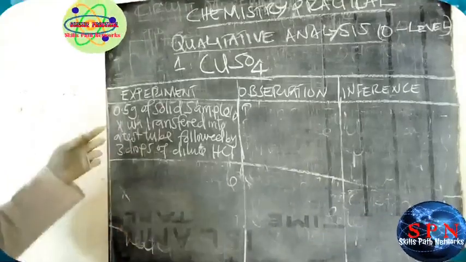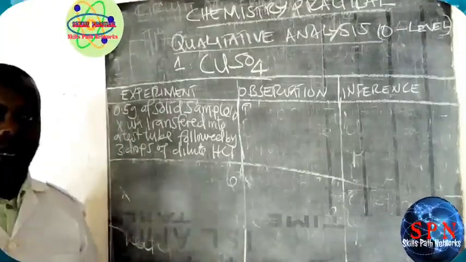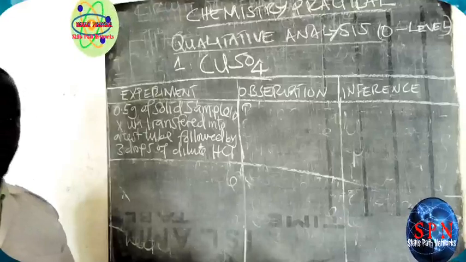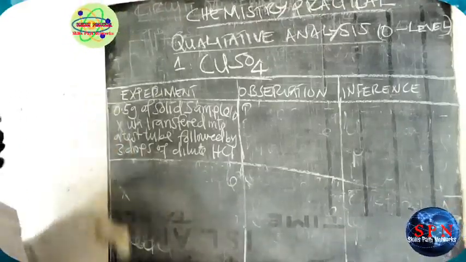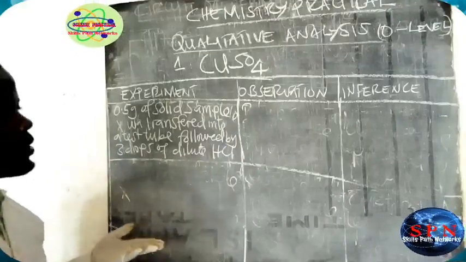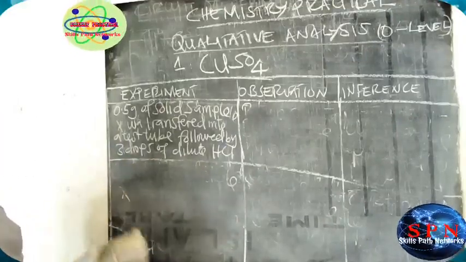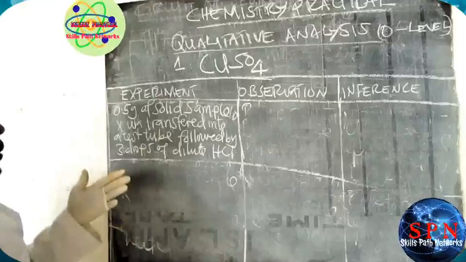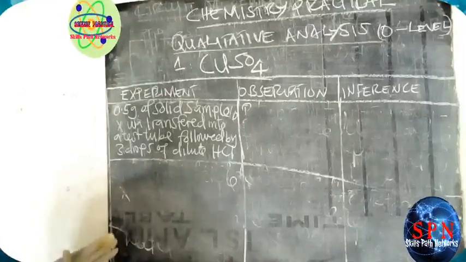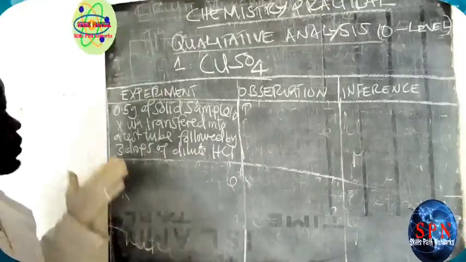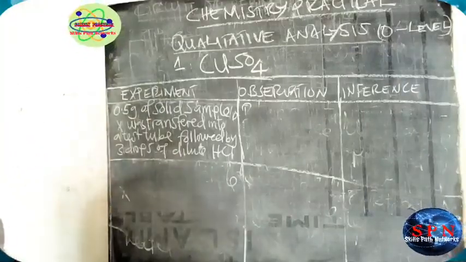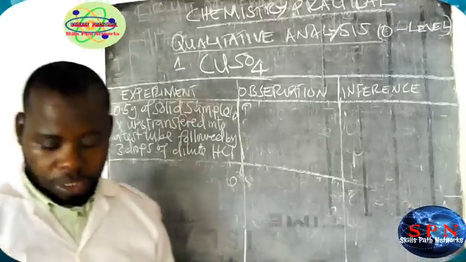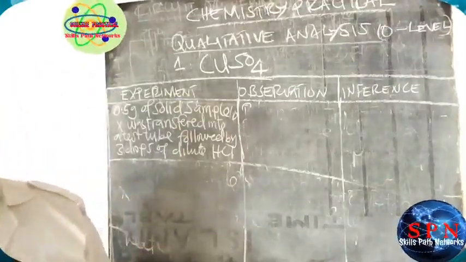Make sure you are specific. Don't say small amount or little. You're supposed to say 0.5 or 1, but 0.5 is very, very small. A solid sample was transferred into a test tube, followed by drops of dilute hydrochloric acid.